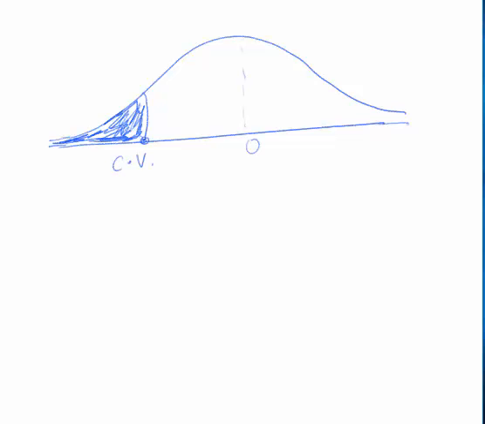In order to find this, you only need the level of significance, which is this area, 5%, 0.05. If you are using your calculator to find this value, you use the inverse norm.